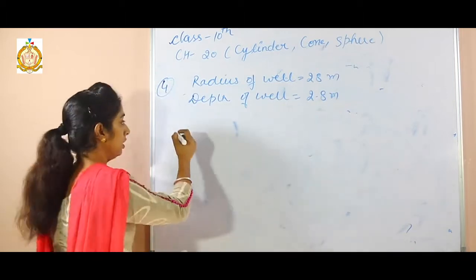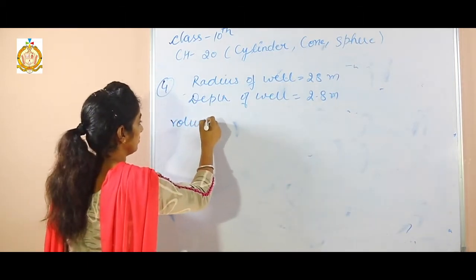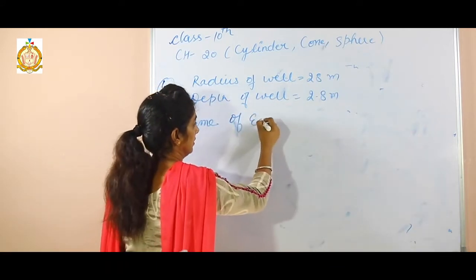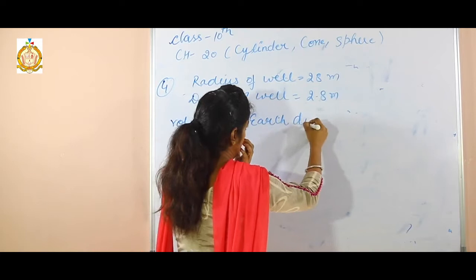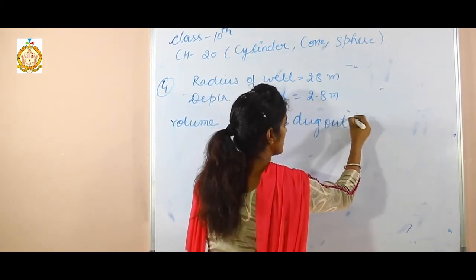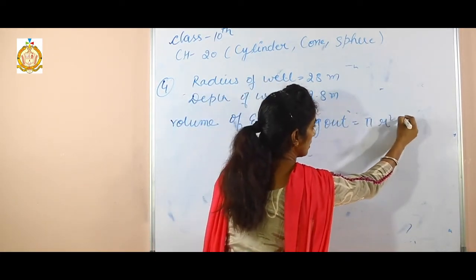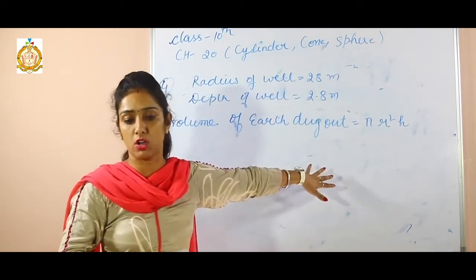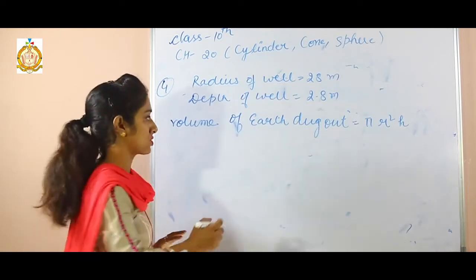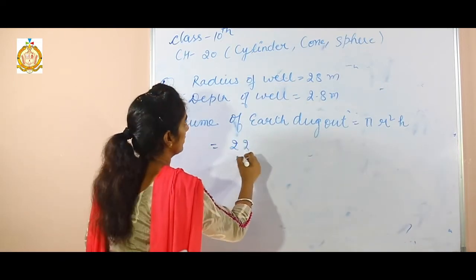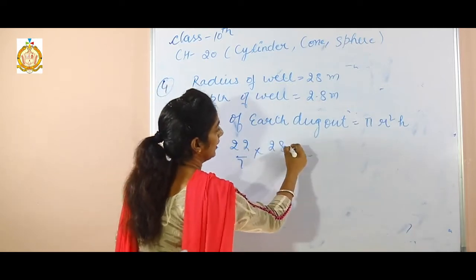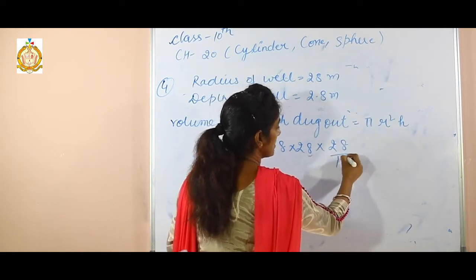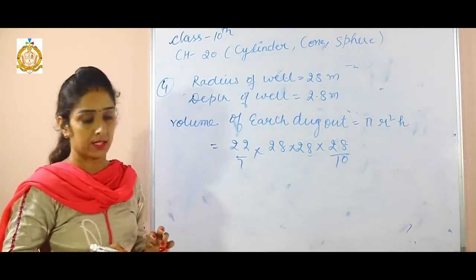So first of all, volume of earth dug out, that is pi r square h, because the well is in a cylindrical shape, so its volume is pi r square h, which is 22 by 7. r is 28, multiply 28, multiply height 2.8, that is 28 by 10.